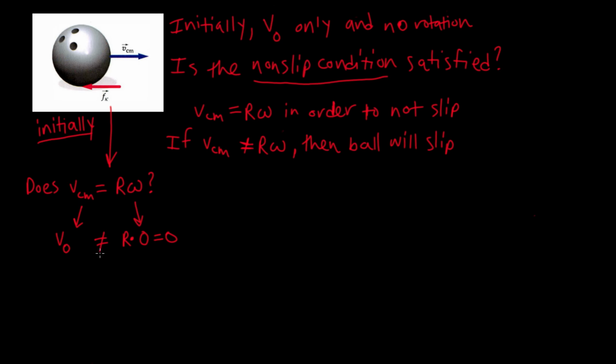The answer is no, because v naught is given to us in the problem, and the right-hand side of the equation is 0, because the angular speed is 0. So if we multiply the radius r by 0, we just get 0. So this condition is not satisfied. In other words, the non-slip condition is not satisfied.